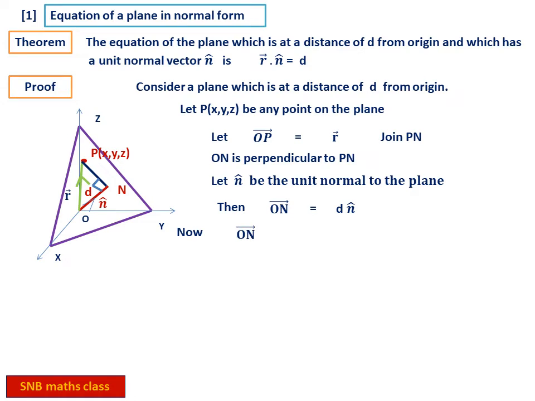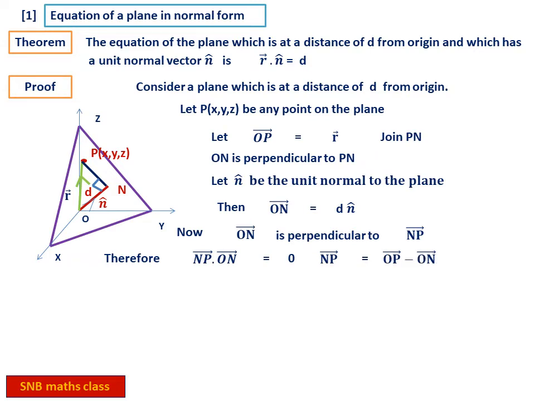Now look here, the ON vector is perpendicular to the NP vector, because NP is a line segment on the plane and ON is perpendicular to the plane. Therefore these two are perpendicular. Therefore NP dot ON must be 0, the dot product must be 0, because the angle between them is 90 degrees. Now what is NP?